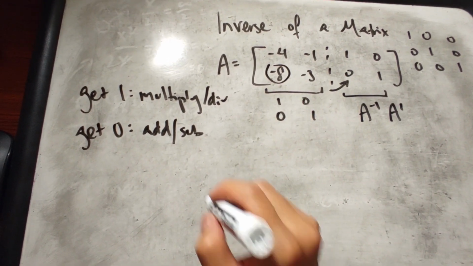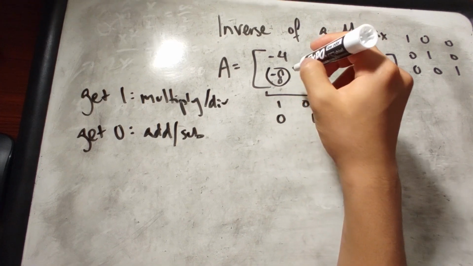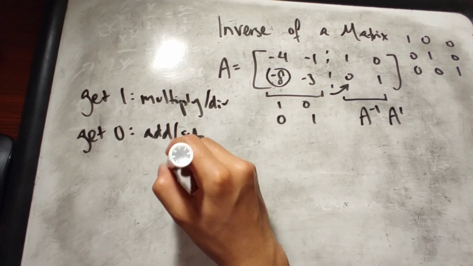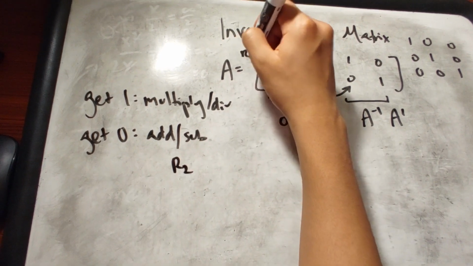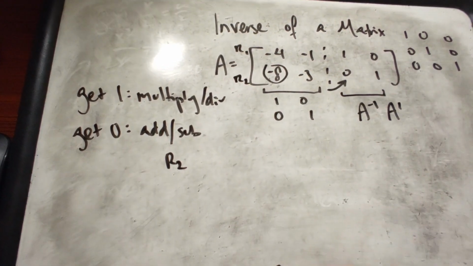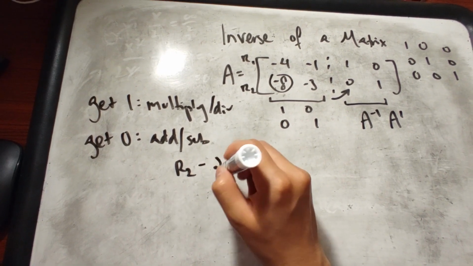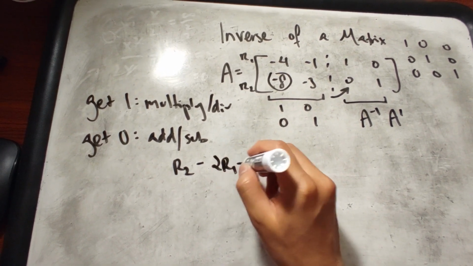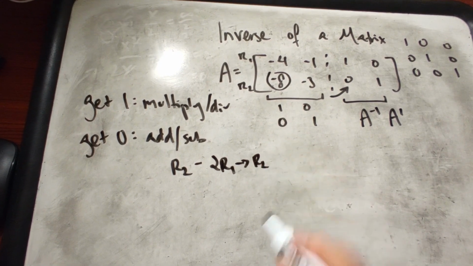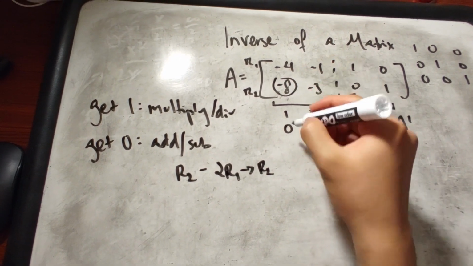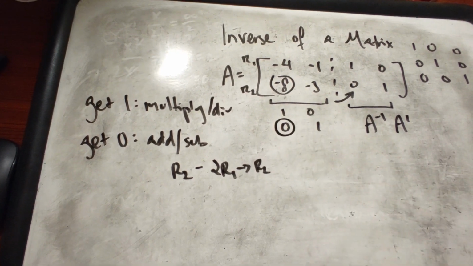You can see how this value is twice as large as this one. So I'm going to label this as row 1 and row 2. So what we could do is row 2 minus 2 times row 1, and we put that value for row 2. We're trying to get this value to equal 0 over here.